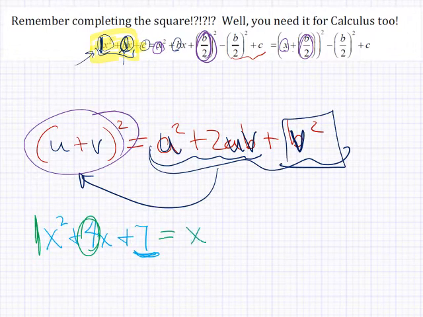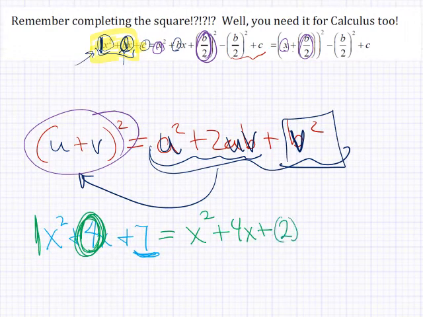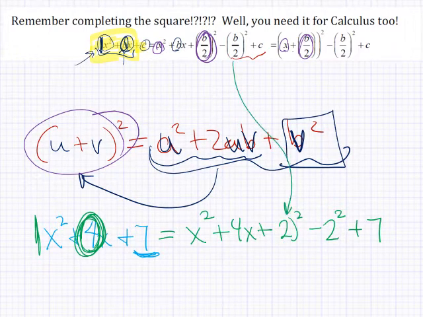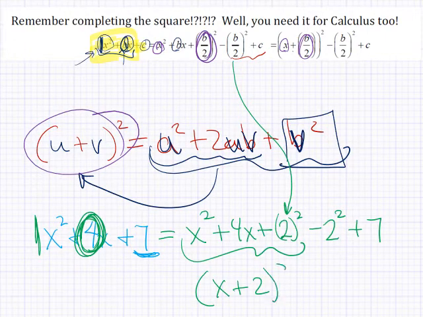If I look at this x squared plus 4x, and I added this divided by 2, which would be 2, squared, I also would have to subtract that as well. I still have the plus 7 sitting over here as well, but nonetheless, this is the b over 2 that we were talking about, okay? Then this much of this polynomial can be written as x plus 2 squared.